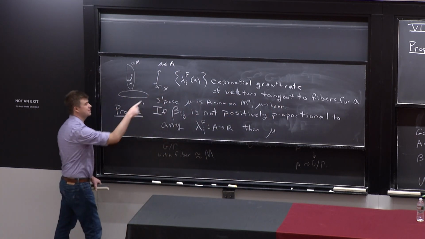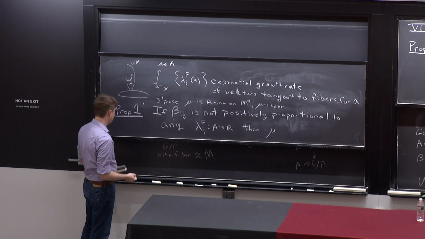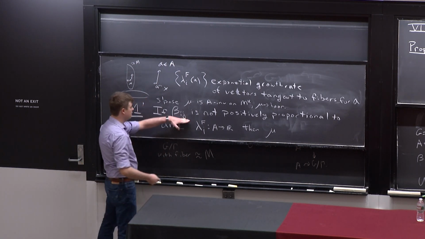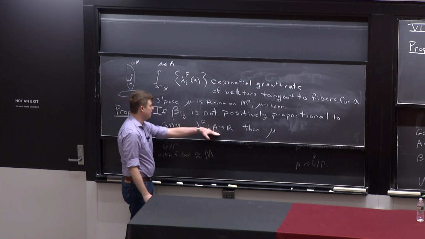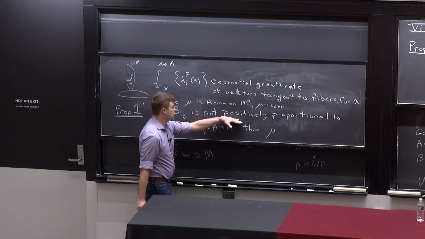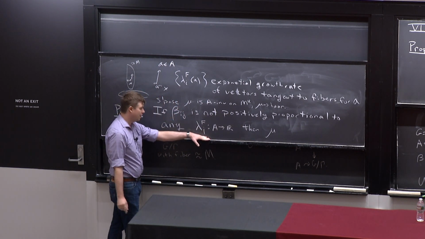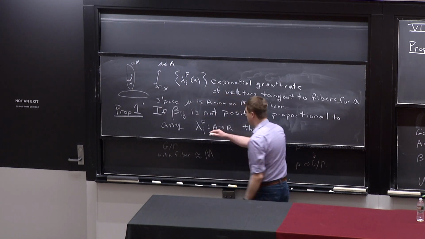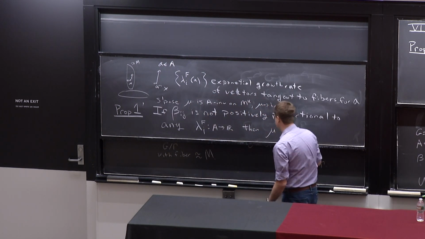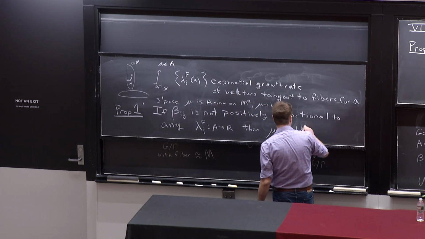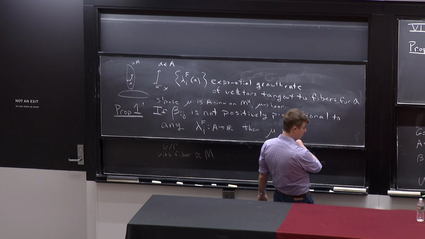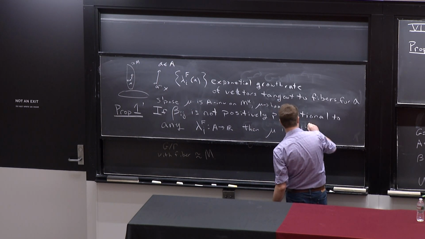So it's the same initial hypotheses as proposition 1. So if you take a root, which is a linear functional on A, that's not positively proportional to any of the dynamically defined fiber-wise linear functionals, then mu is automatically invariant under the corresponding group, which I wrote with a superscript for some reason.